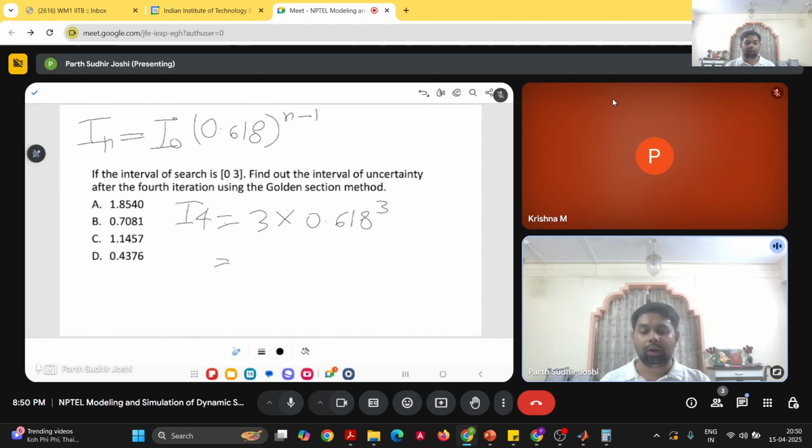So what will be the length of the interval using this formula? So what will be the length of the interval using this calculation?